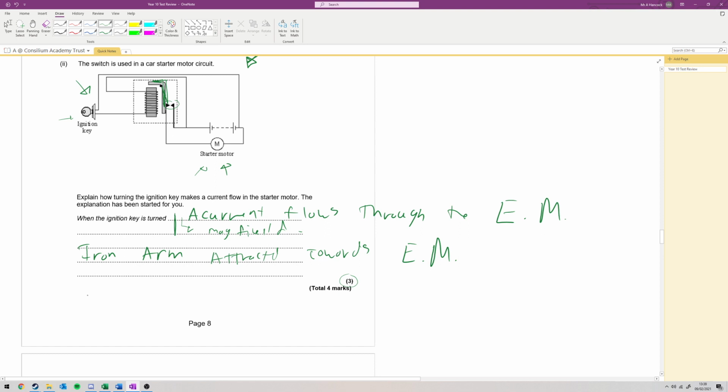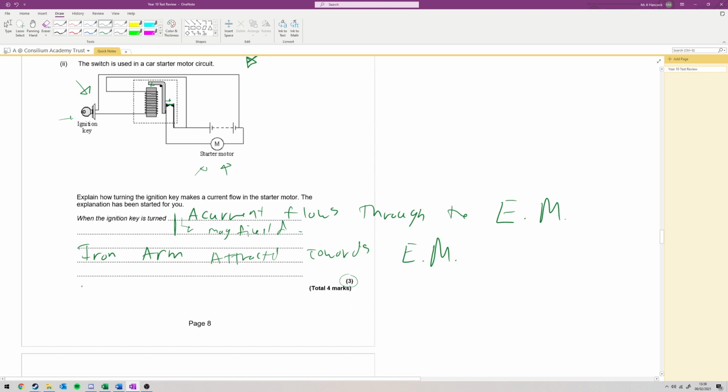Then the third point is saying that it pushes these contacts together. So you're understanding this diagram. It's kind of hard to understand if I've scribbled all over it, so let's get rid of this. You're saying, okay, if this arm moves towards the electromagnet, this side pushes out, which then pushes these contacts together, which completes the circuit and allows the current to flow.